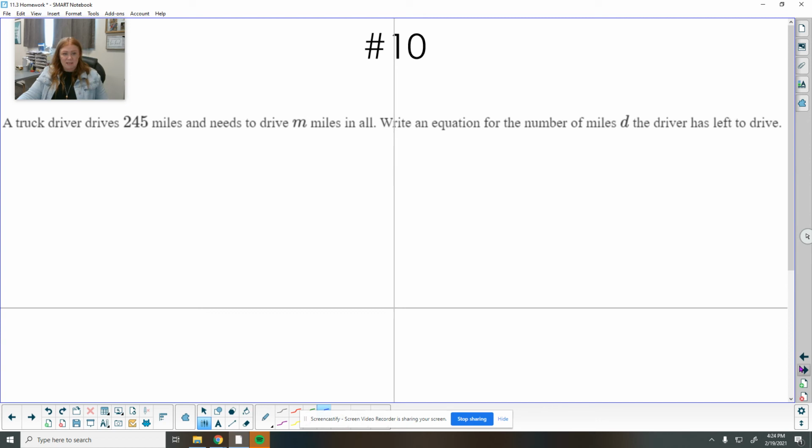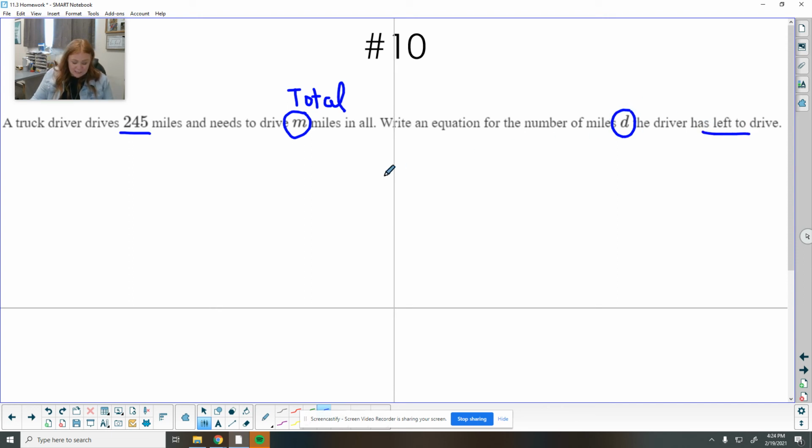Number 10 tells us that a truck driver drives 245 miles and he needs to drive m miles total. So this is his total here, and that needs to be our final answer. Write an equation for the number of miles d the driver has left to drive.